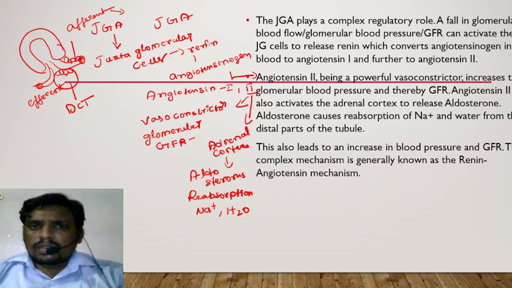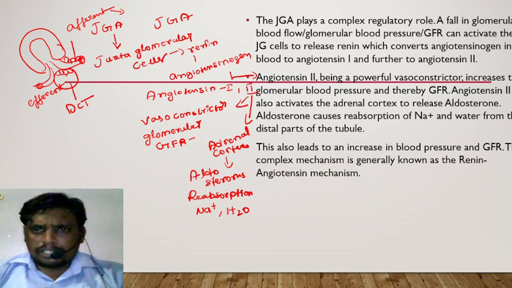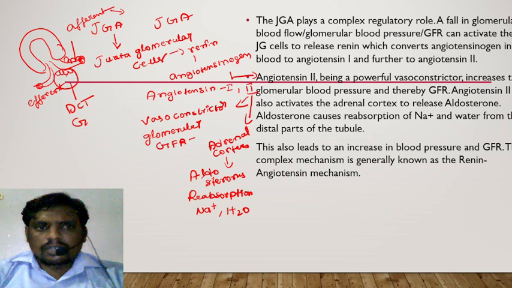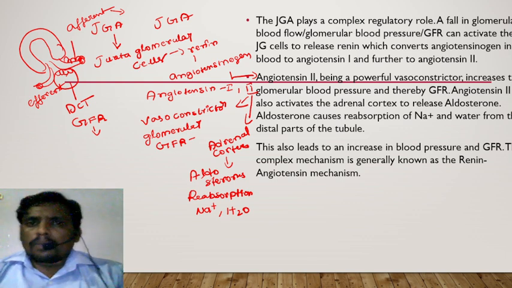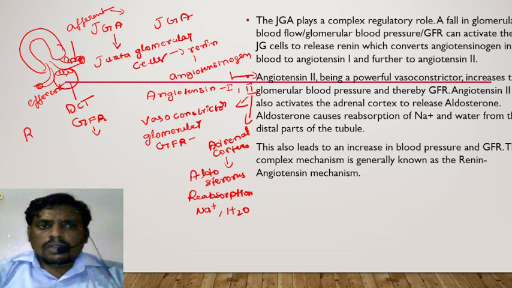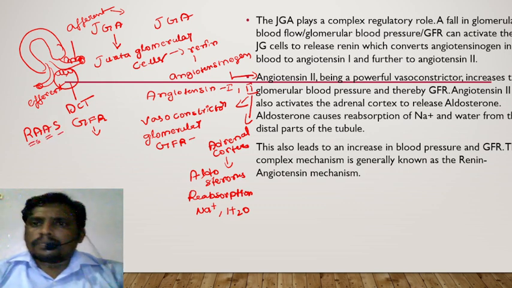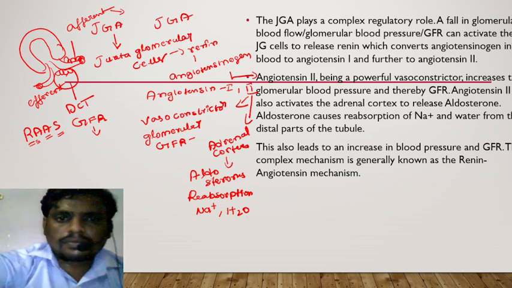Finally, this also leads to an increase in blood pressure and GFR, glomerular filtration rate. This complex mechanism is called the RAAS mechanism, renin angiotensin aldosterone system.